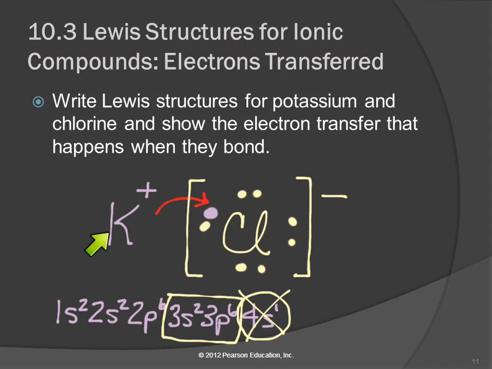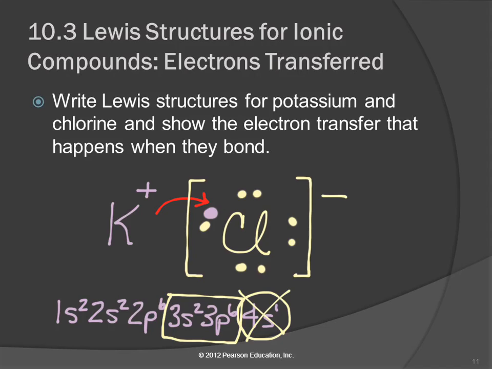So potassium had 1 valence electron it needed to get rid of. Electrons don't just disappear. They have to go somewhere. If an atom is going to get rid of one of its electrons, it has to find someone to take the electron. So the electron is taken from potassium and given to chlorine. The result is you have a potassium ion and a chloride ion, opposite charges, and then they're attracted to each other and they form an ionic compound.